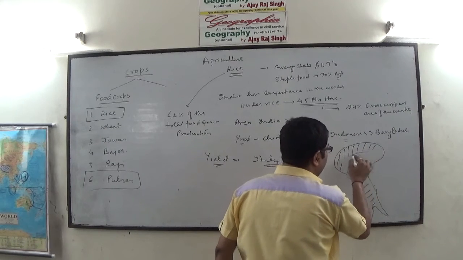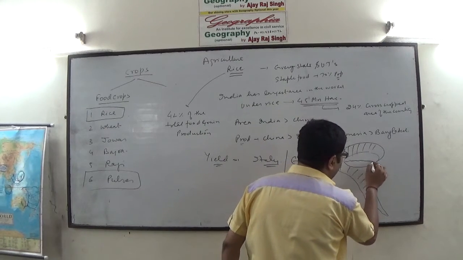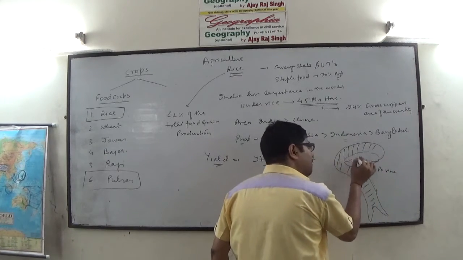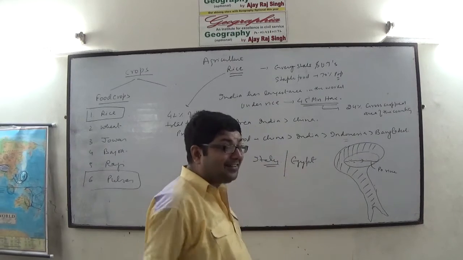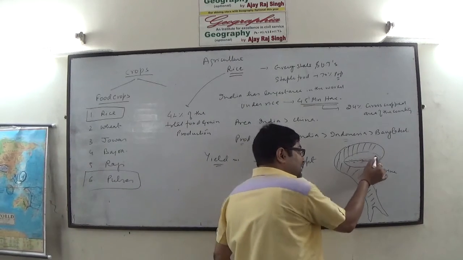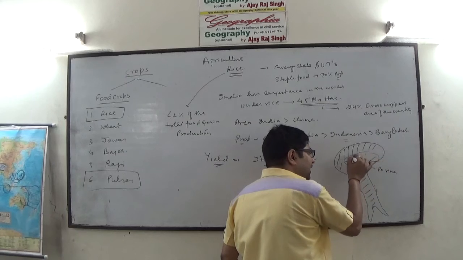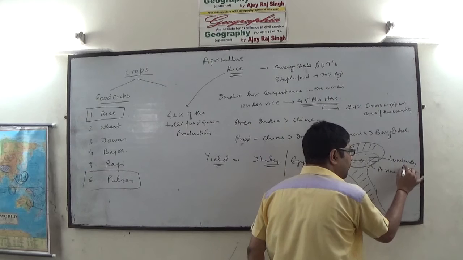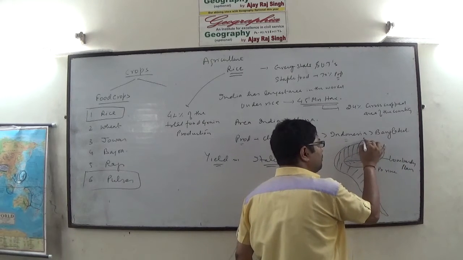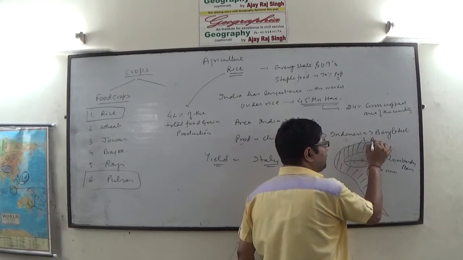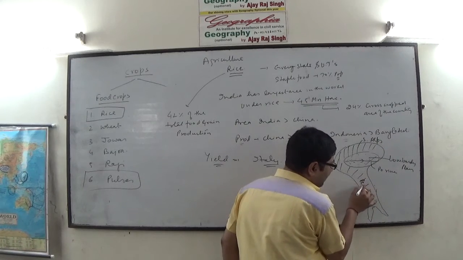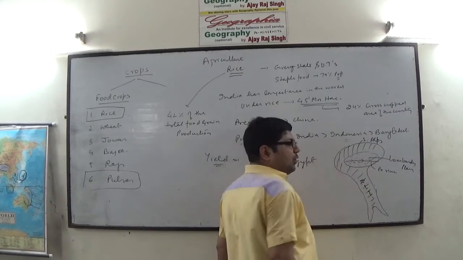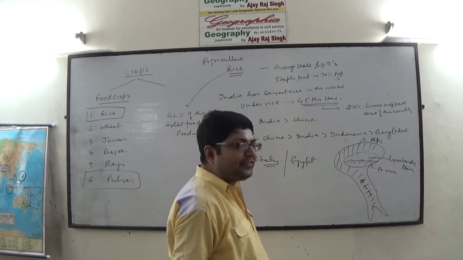This is the Lombardy Plain. And here there is the Po River. In the Po River Valley, mulberry cultivation and rice cultivation is done. This Lombardy Plain has the highest yield of rice.